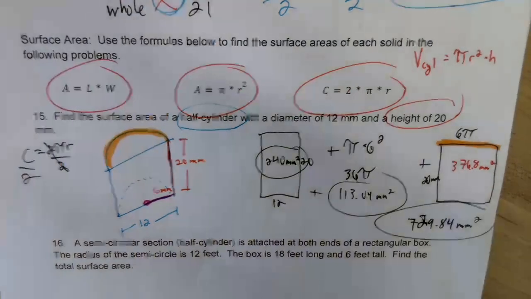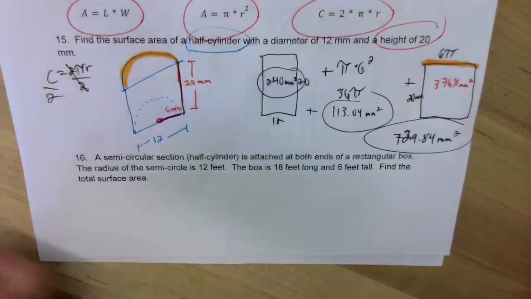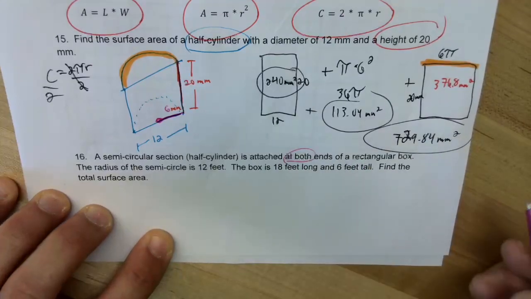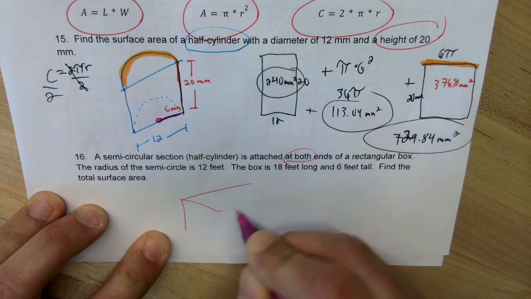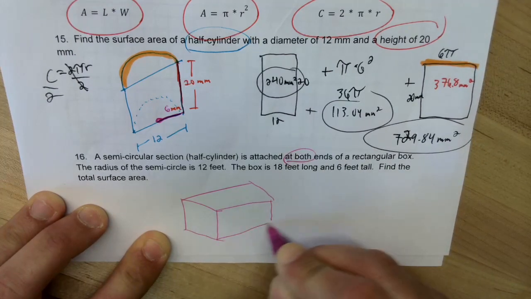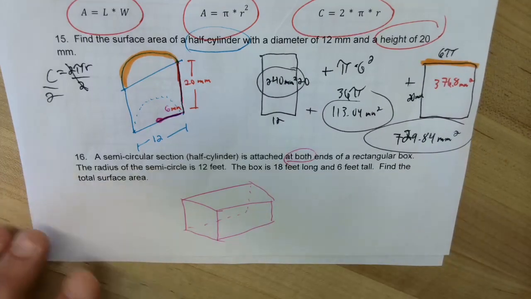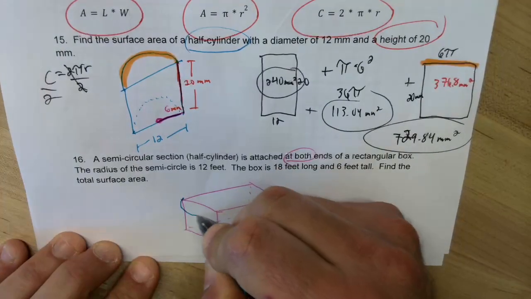All right, so let's see if we can draw number 16. I heard there was some trouble with this one. A semicircular section is attached at both ends of a rectangular box. Okay, so let's draw the box. Man, that's a bad box. Semicircular section, half cylinder. All right, so let's draw the half cylinder here in a different color.